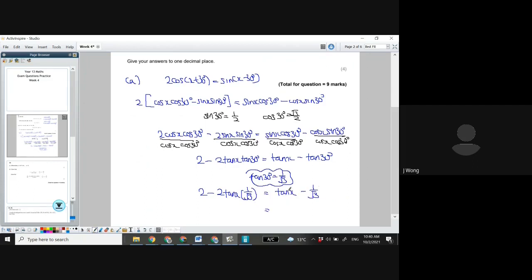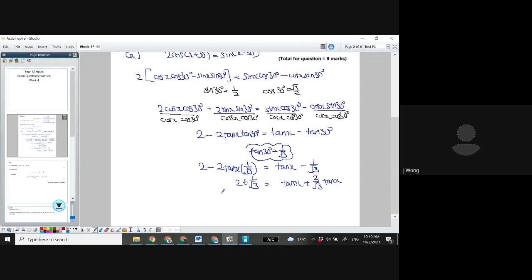Then we'll bring in the like terms one by one. So you have tan x plus 2 over root 3 tan x, and 2 plus 1 over root 3. Get rid of the fraction by multiplying through by root 3. So you have 2 root 3 plus 1 equals root 3 tan x plus 2 tan x.